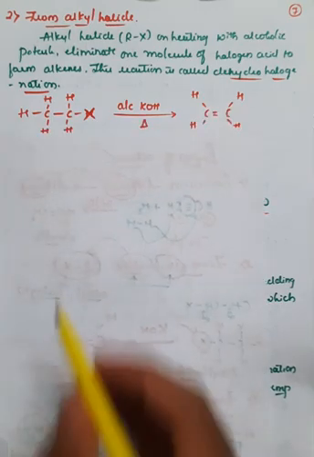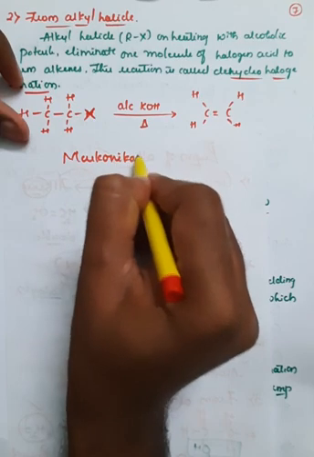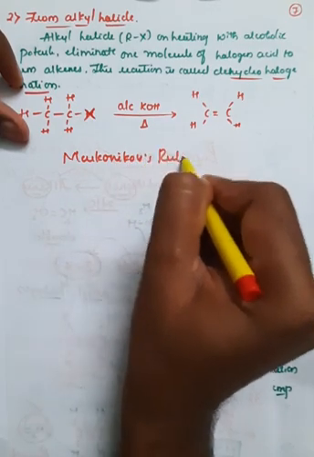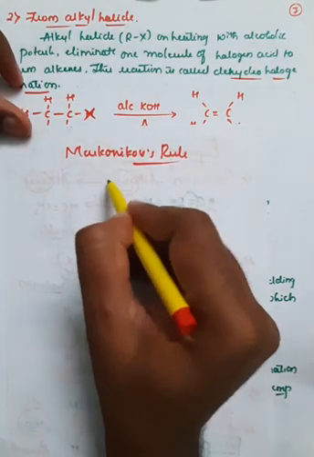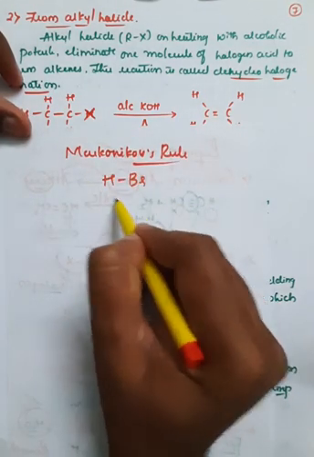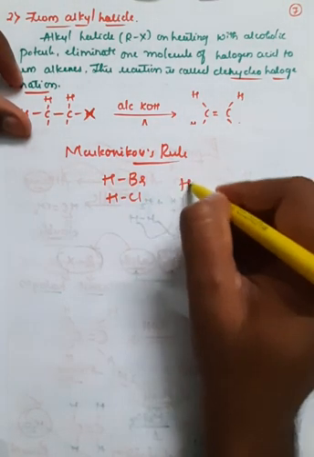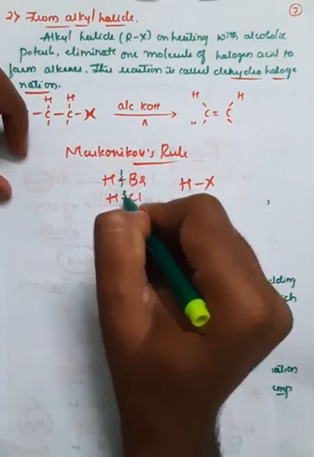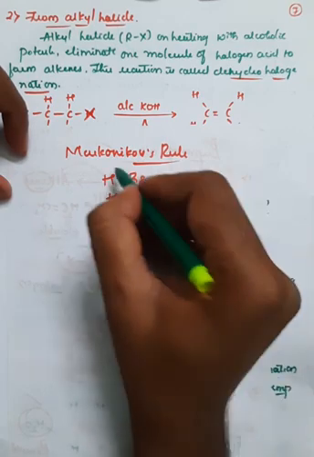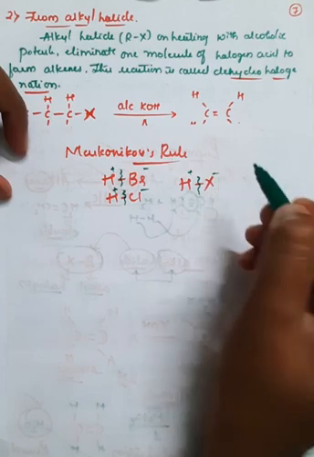So I'll explain here. In case of Markovnikov's rule, it states that whenever there is a molecule like HBr, HCl, or HX, and the bond between these molecules breaks, they convert into H plus and Br minus, H plus and Cl minus, H plus and X minus.